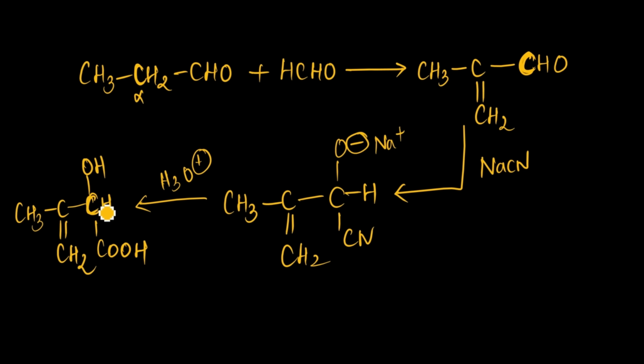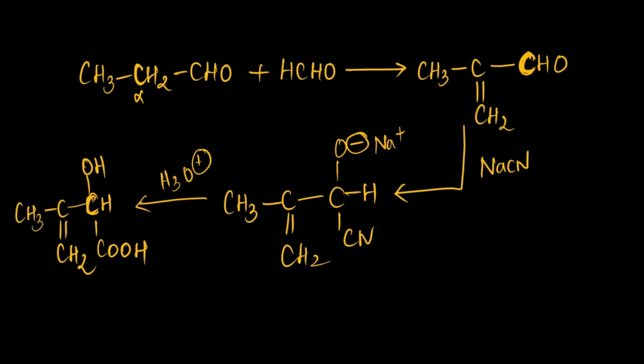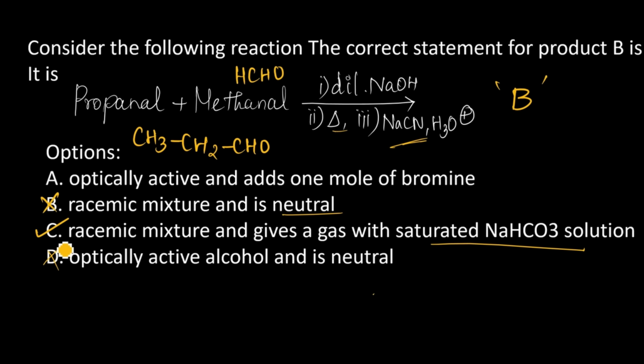I have the carbon which is attached with 4 different groups. It's not neutral, this is acidic. And have this racemic mixture and it gives a gas with saturated sodium bicarbonate. So that is the correct answer. It's an optically active alcohol and it is not neutral. A also seems to be right. Adds 1 mole of bromine because I have a double bond over here. So mostly the short answer will be option C.